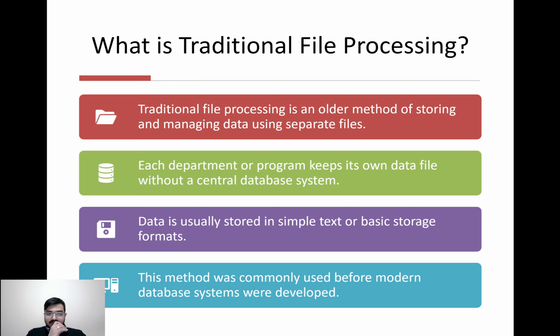Usually, data is stored in a simple format like text files or basic file formats. This method was very common before DBMS became popular. So, in simple words, traditional processing means we store information in different files and each file is handled separately.